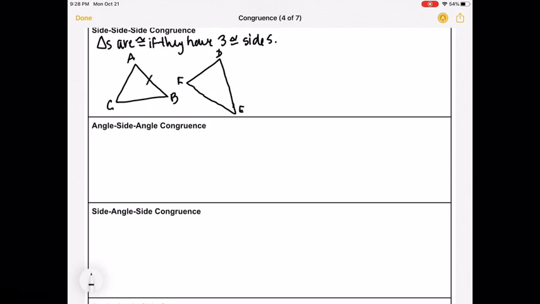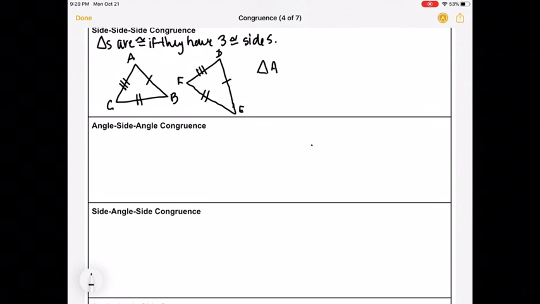So I'm going to say that AB is congruent to DE, and then EF is congruent to BC, and CA is congruent to FD, okay? So there we have all three sides are shown that they're congruent. Sometimes this information is given to you. Sometimes you might have to look a little further before you can draw those symbols and show that. So if I have that, I could say my congruence statement, it's going to ask for that.